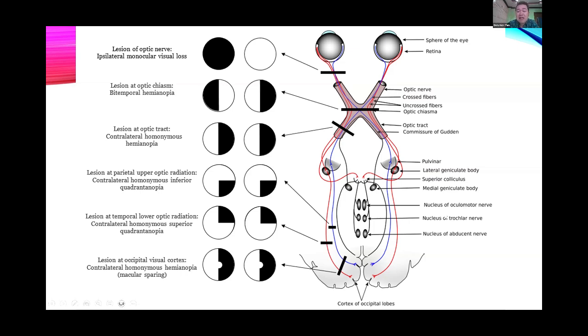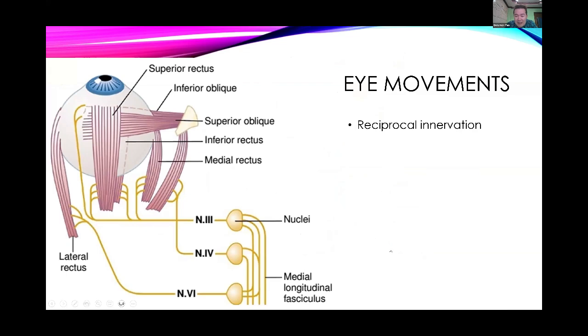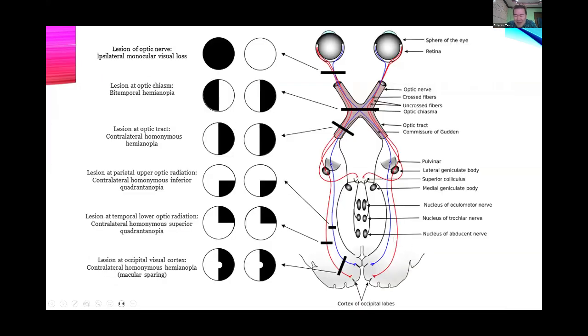Clear? If I cut the optic radiation, if I destroy the lateral geniculate body, if I destroy the visual cortex, what can you see or what can you not see? Imagine I cut this optic radiation up to the visual cortex.